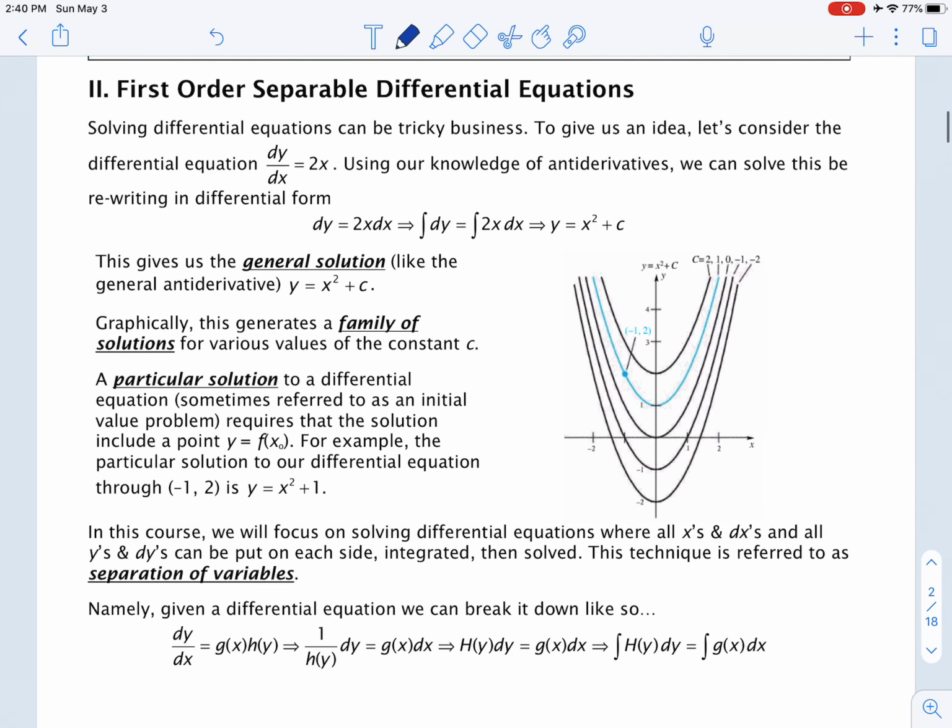what's a first order separable differential equation? Solving differential equations can be tricky business. Why are we studying differential equations? We find that when we want to model real-world situations, it oftentimes involves a rate of change, and a rate of change is a derivative.